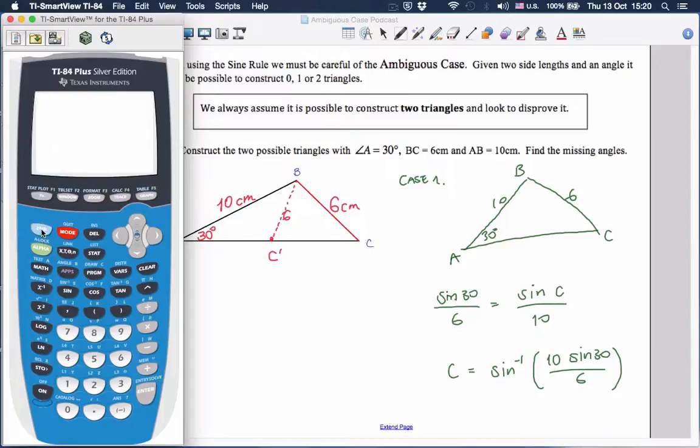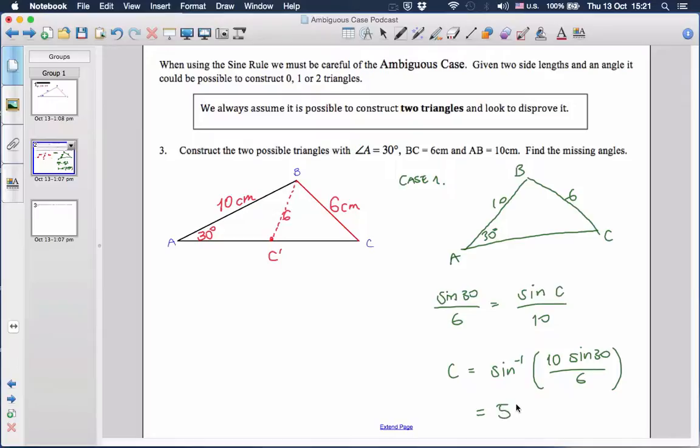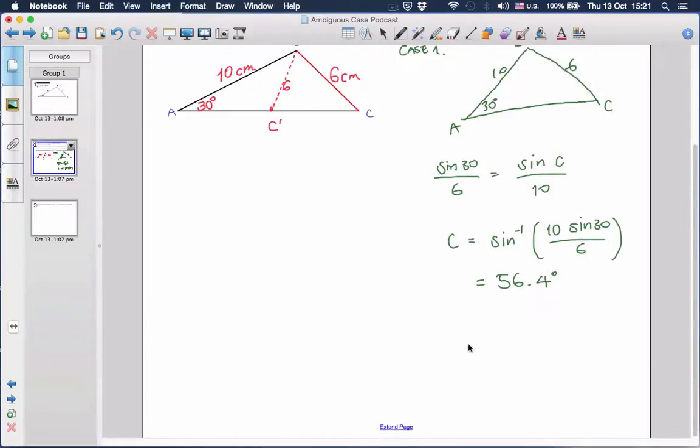Okay, so arcsine of 10 times sine of 30 over 6. It's going to be 56.4 degrees.